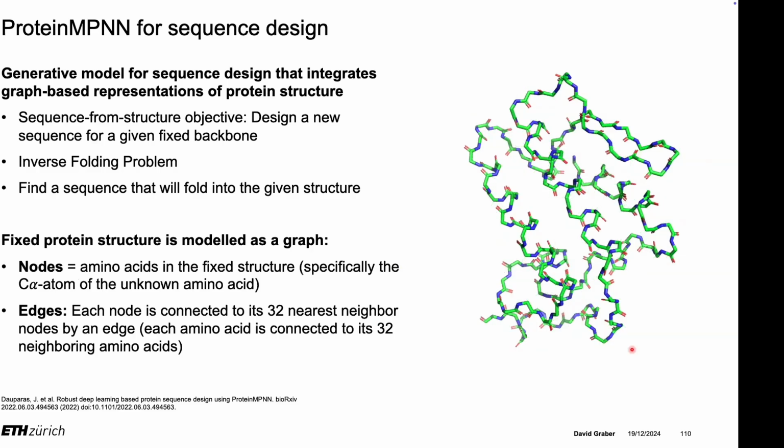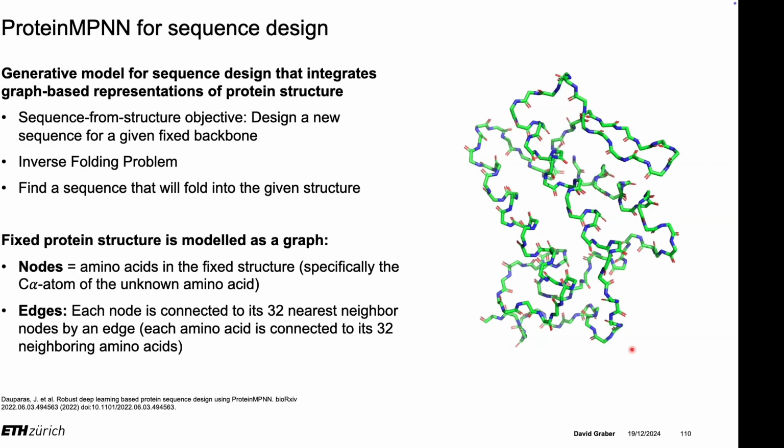And for this, in ProteinMPNN, they model this backbone as a graph, and the nodes of the graph are amino acids in this fixed structure, more specifically, the C alpha atoms in this backbone.